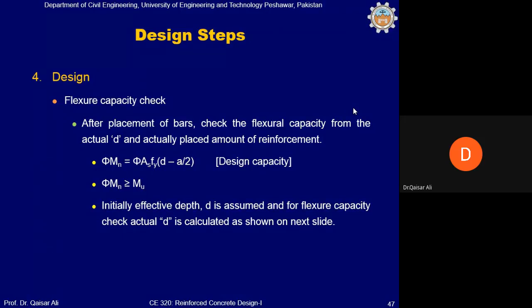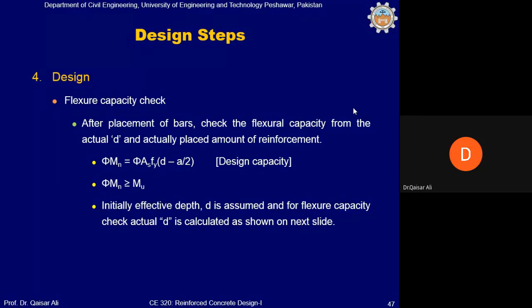And the centroid of the reinforcement is not exactly known to us, because we do not know the area of steel in the beginning. Once the area of steel is calculated, then the number of bars is calculated, and then those bars are placed inside the beam. Then we exactly know the effective depth d. So it is possible that the effective depth d assumed in the beginning is larger than the final effective depth.